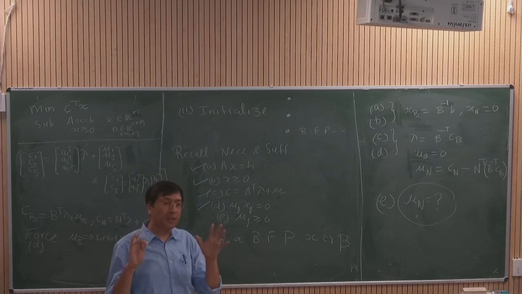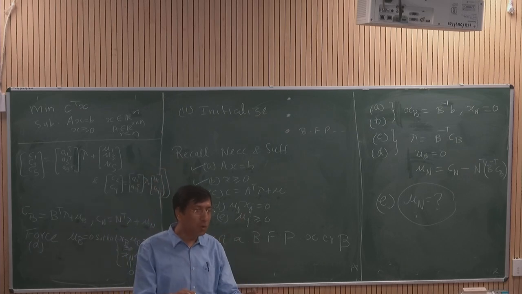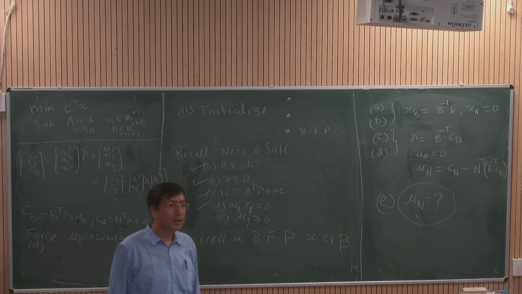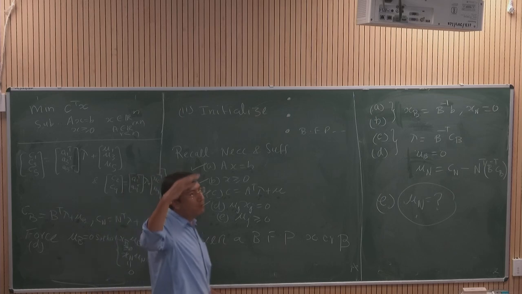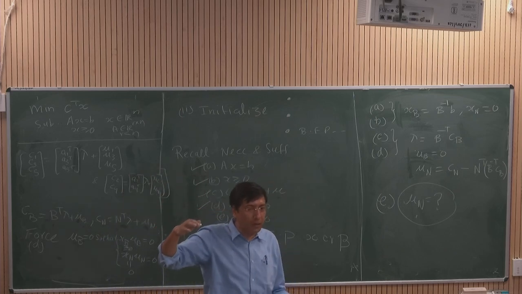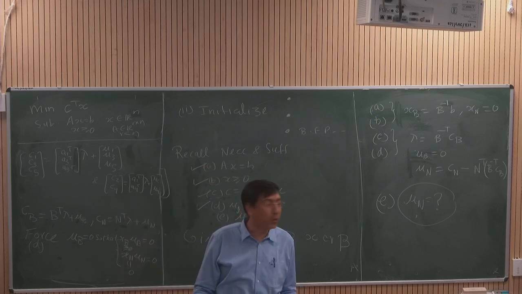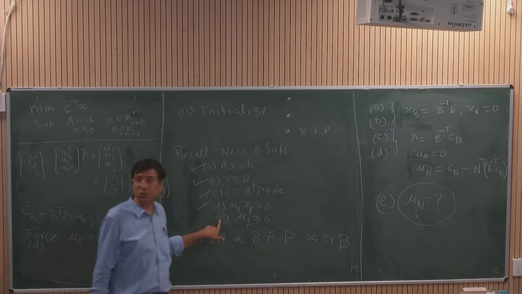Which means the basic feasible point which I gave you is the solution of the problem. Correct? Otherwise, it is just one vertex and it is not the minima. Now you have to go to another vertex and iterate until you are able to satisfy this for all mu's.